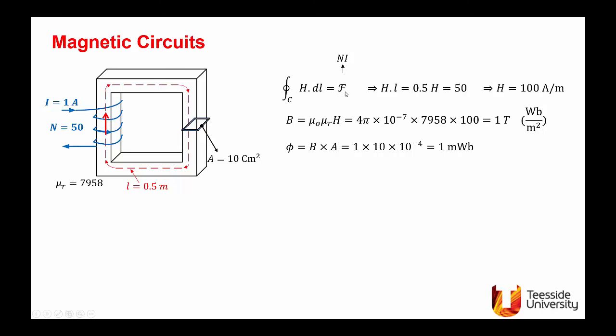Why did I go for the concept of magnetomotive force? Because now we have a treatment similar to electric circuits, and I believe you should all be more comfortable with electric circuits.